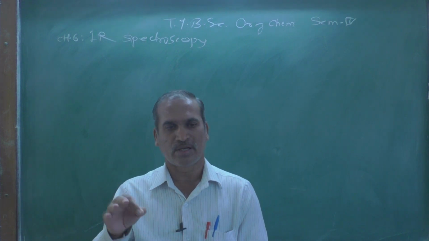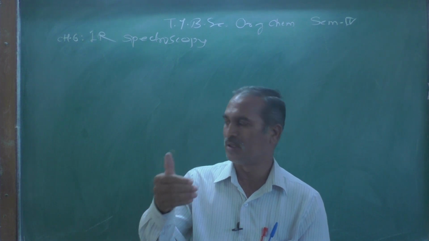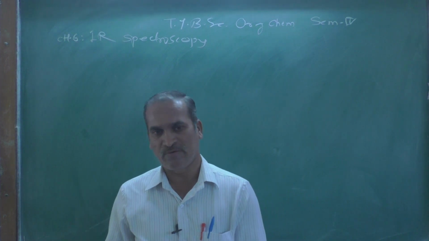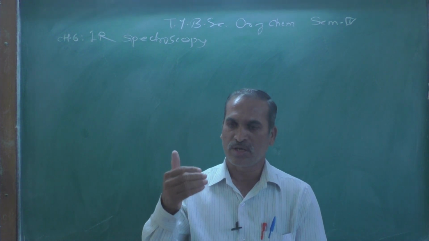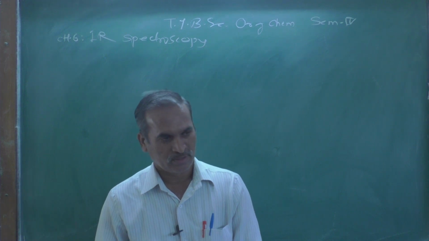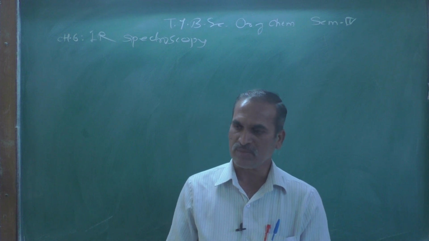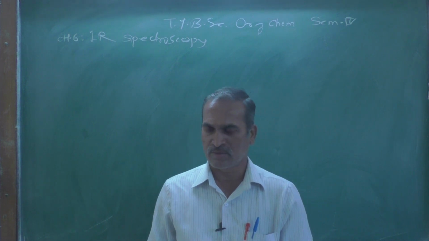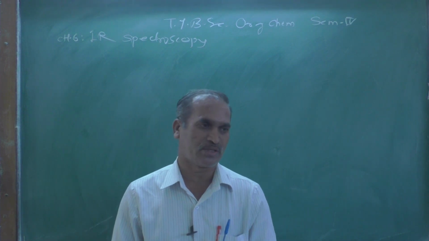Number 1, determination of structure. It is one of the applications of IR spectroscopy. Number 2, study of progress of chemical reaction. That is the second application of IR spectroscopy. The third one we have seen is detection of hydrogen bonding.